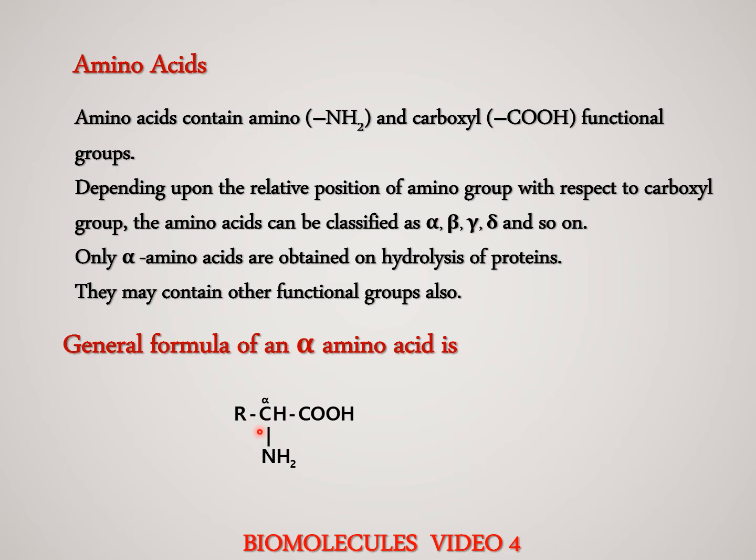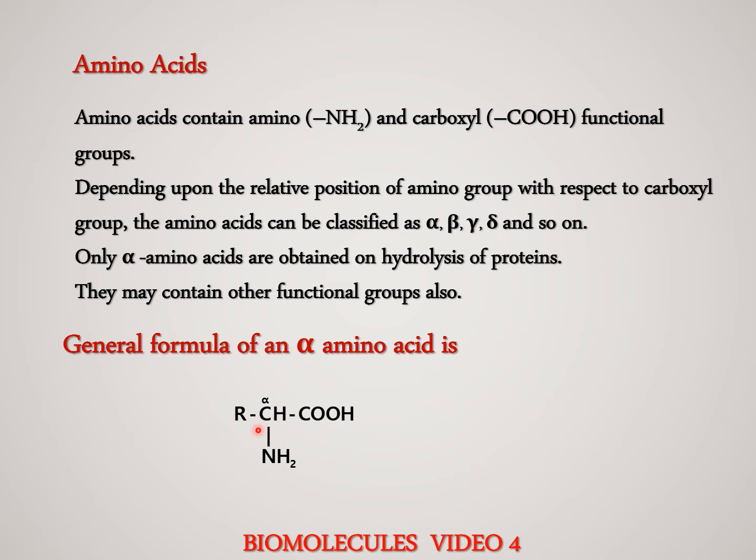Now, this is the relative position of the amino group with respect to the principal functional group, carboxylic acid. So the name is given as alpha amino acid, as both the amino group and the carboxylic acid group are attached to the same carbon, the alpha carbon atom.